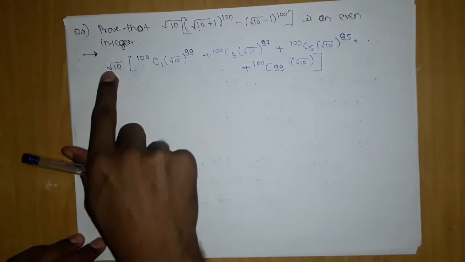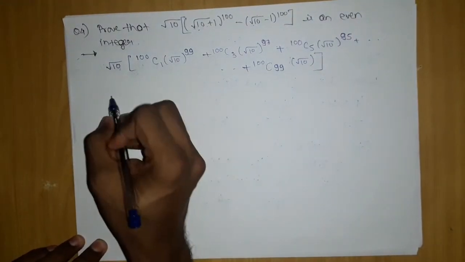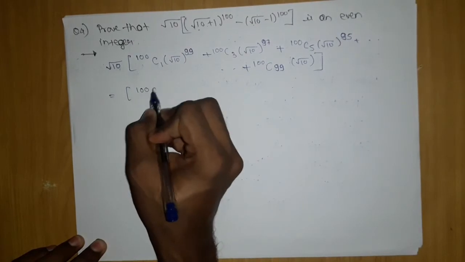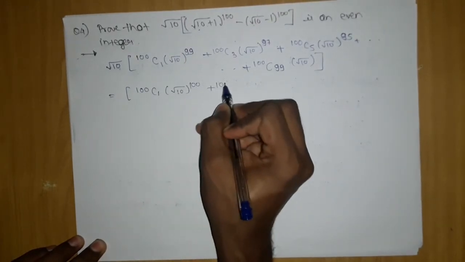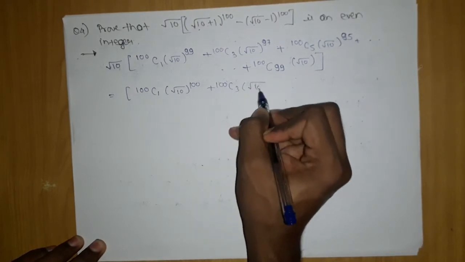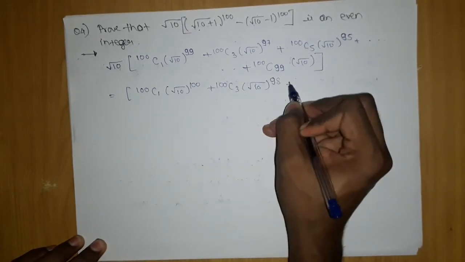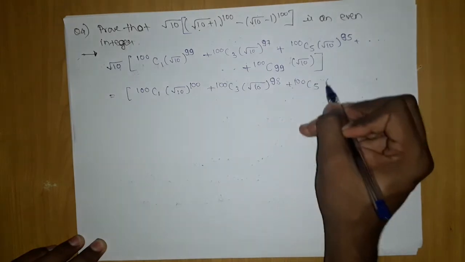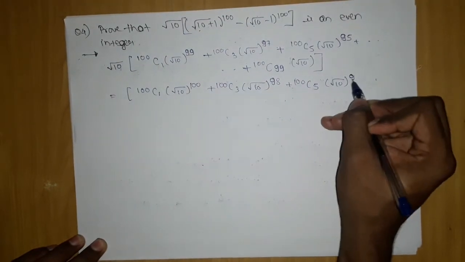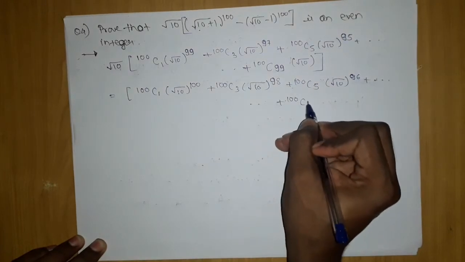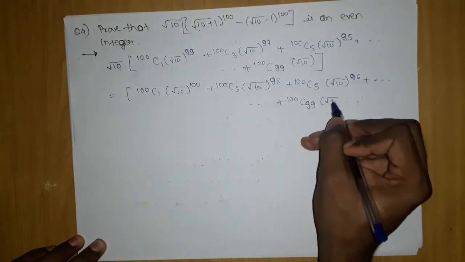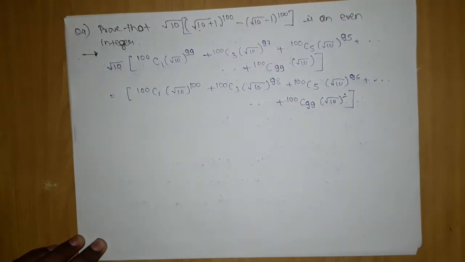Now if I move this √10 inside, what I am going to get is 100C1 √10^100, here 100C3 √10^98, then 100C5 √10^96, and this will go on till 100C99 √10^2, bracket close.